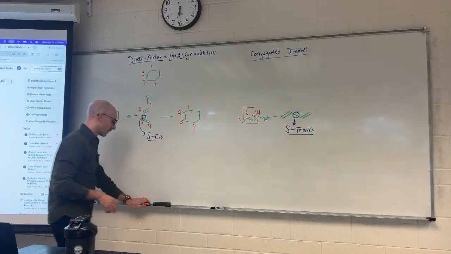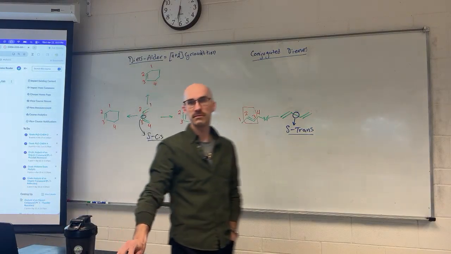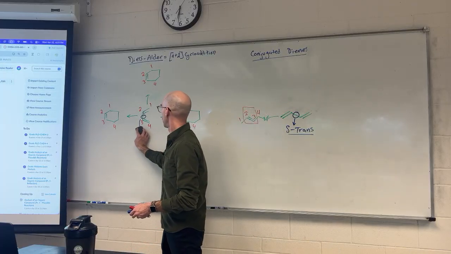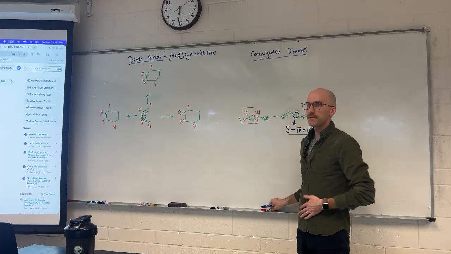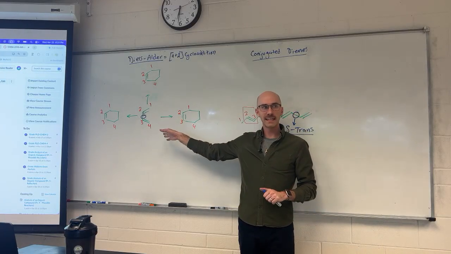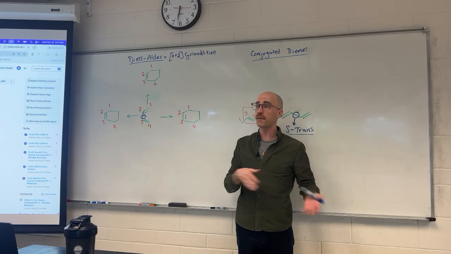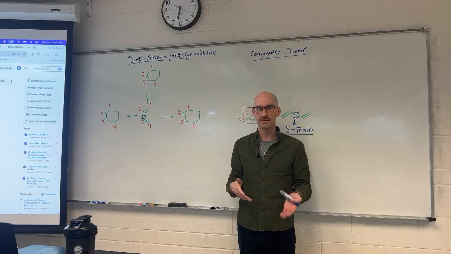Let's start with the simplest. In the reaction to the right, I'm going to get rid of this S-cis symbol for a little bit more clarity. This is my diene. The missing reagent is referred to as a dienophile, something that loves a diene.